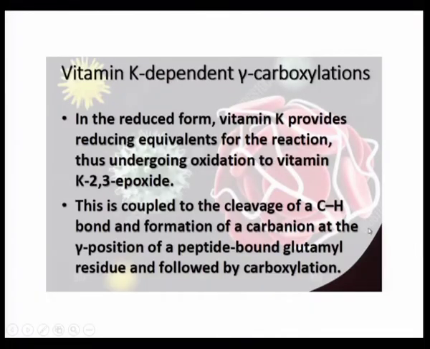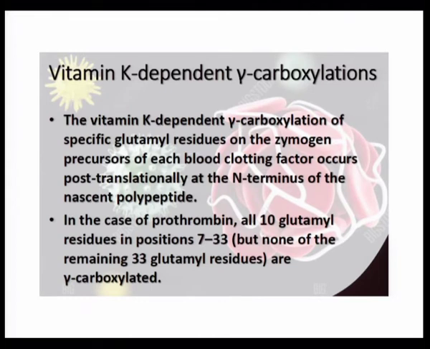So you see there, this is coupled to the cleavage of a CH bond and the formation of a carbanion at the gamma position of a peptide bound glutamyl residue, followed by carboxylation. So this is the intermediate reaction, how the reaction basically proceeds. How do you technically call it?